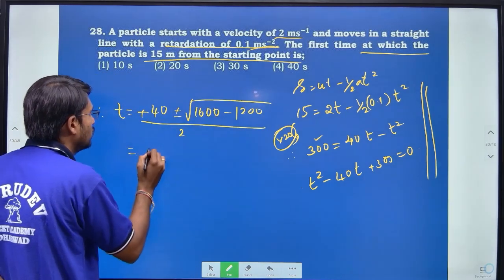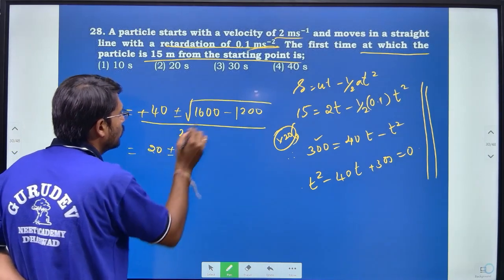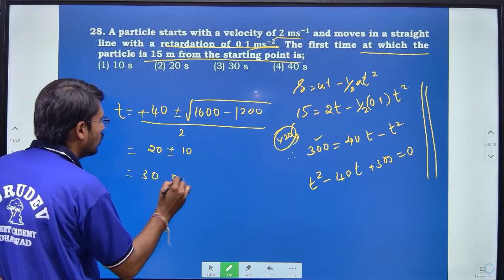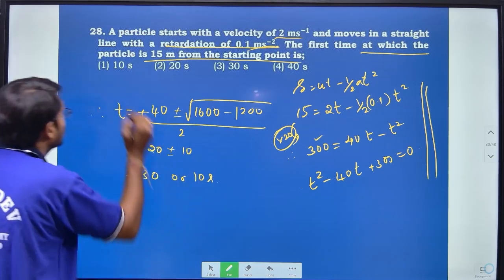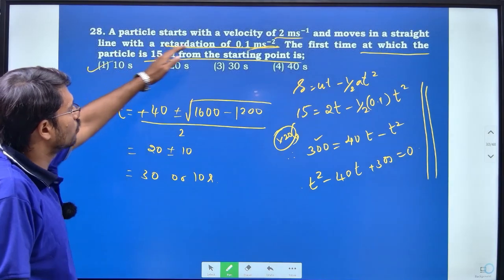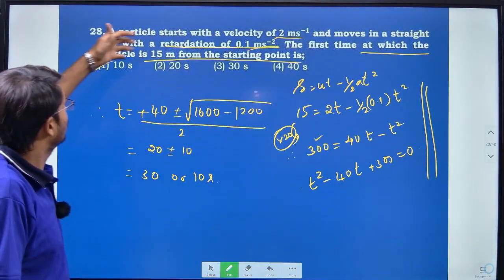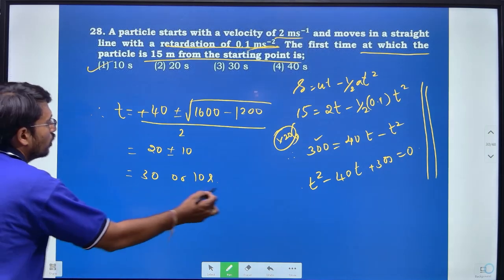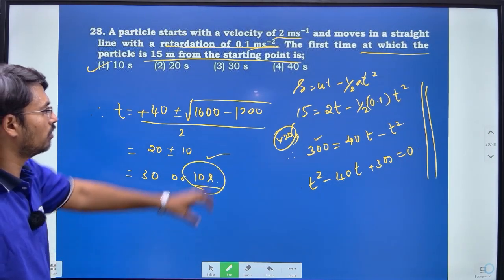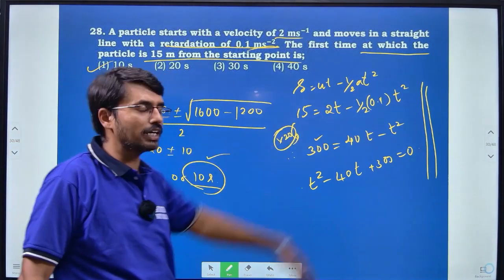As a result, that will be 20 plus or minus 10. Therefore we get 30 or 10 seconds. That is the first one. They are asking what is the first time at which it becomes 15 meters, so we have to take 10 seconds. Is this clear? We have done one simple mistake, and we have rectified that.